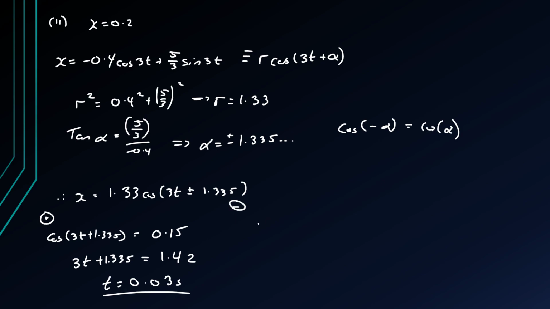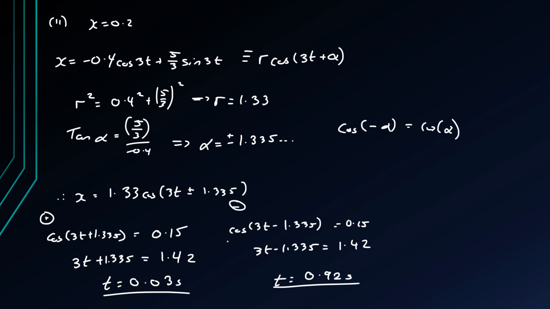So now we'll do the minus case. So we'll then have cos of 3t minus 1.335 is 0.15. Again, cos inverse. Now if we instead add this time, so 1.42 plus 1.335 divided by 3, we get t as 0.92.